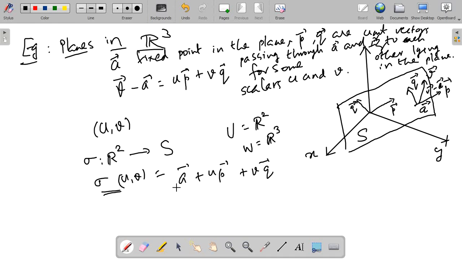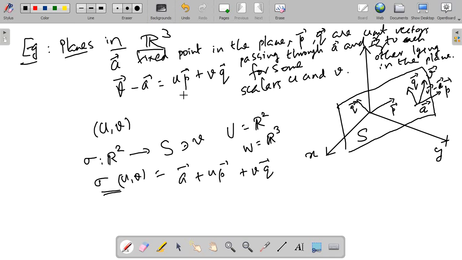Now you check surjectivity. Surjectivity means you take any point V in S. Look at V minus A, that is a vector in the plane.